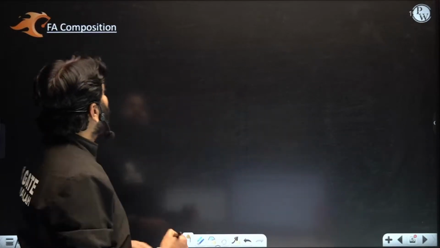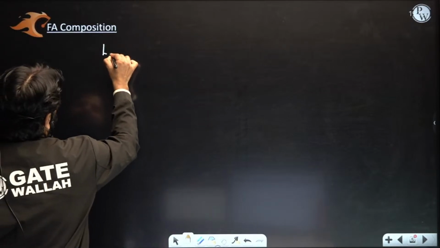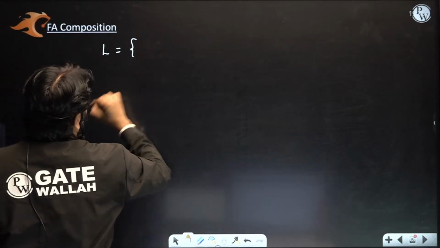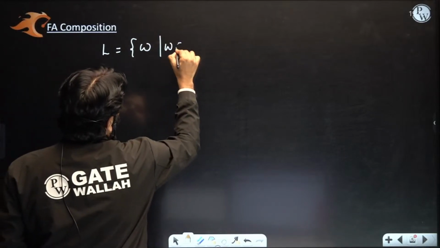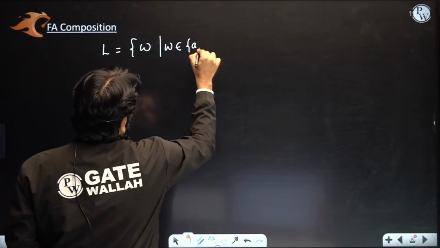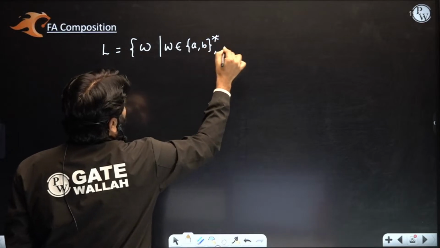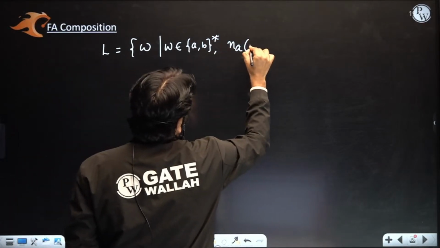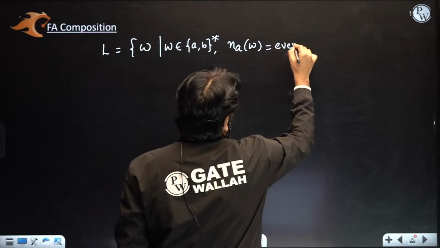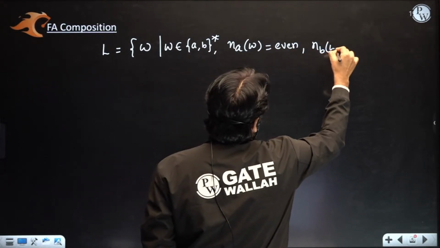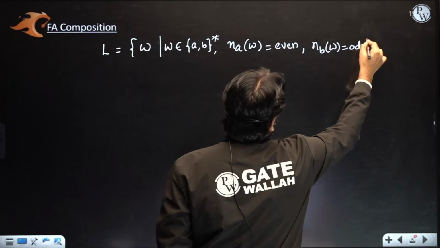Now let's look at an example to understand. Suppose I want to design a finite automaton for a language with A's and B's, where the number of A's in W is even and the number of B's in W is odd.